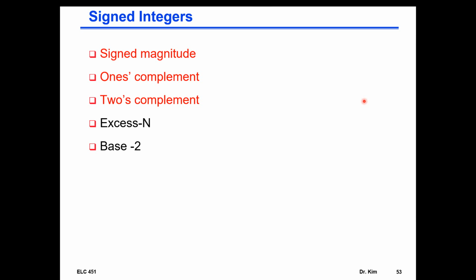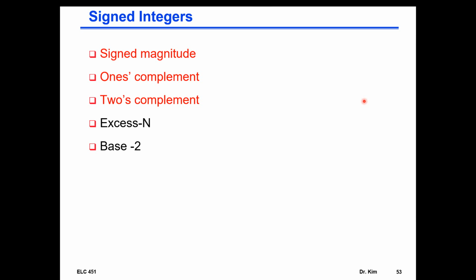So you could have sign magnitude, where the most significant bit is the sign, and 0 is a positive number and 1 could be a negative number. We could do 1's complement. If you recall, 1's complement is when we invert every bit. Or we could have 2's complement, which is actually what we use.